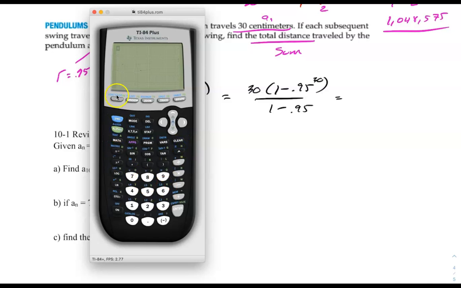So I got 30 times 1 minus 0.95 to the 30th power. So 95% to the 30th power. And then over 1 minus 0.95, which is just going to be 5%, but I'll do this just to be safe. And I get 471.